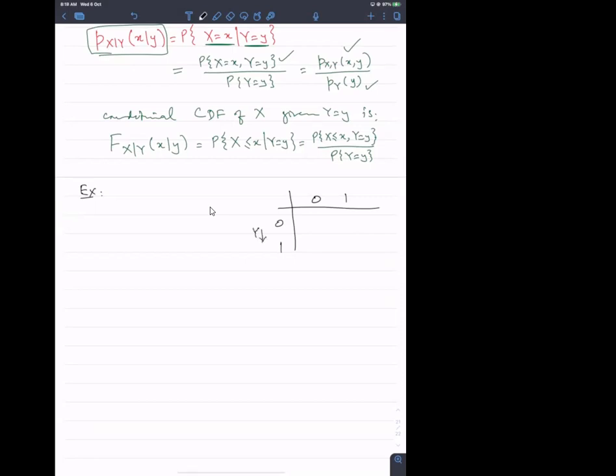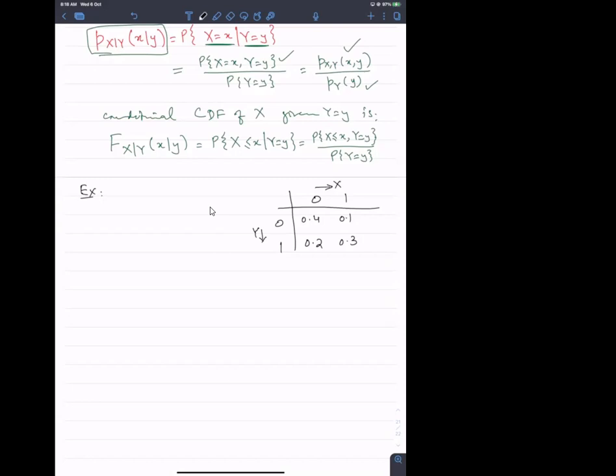So this is Y here, and this is X here. X can take the value 0 and 1. So the joint PMF is 0.4 here, okay, and 0.1 here, 0.2 here, and 0.3 here. This is the joint PMF which is given to you.